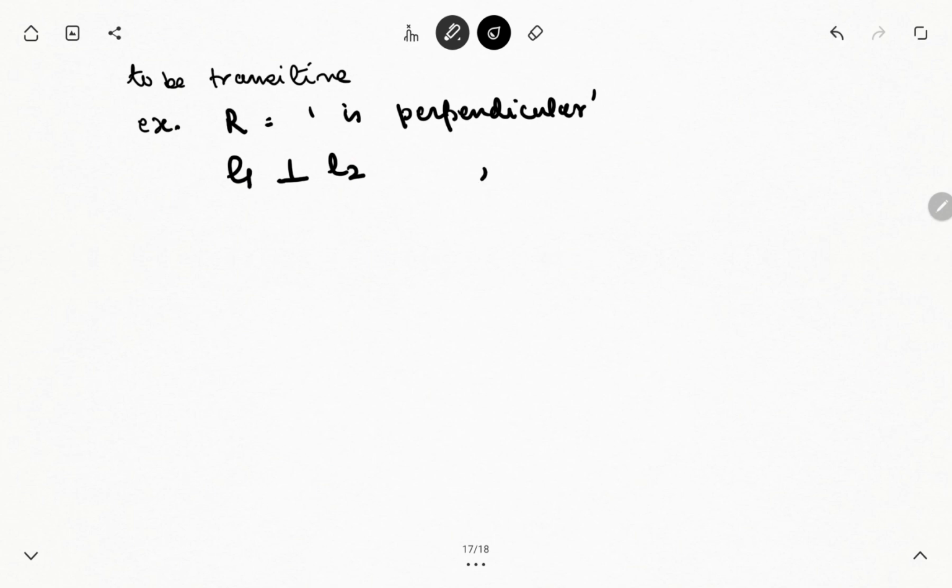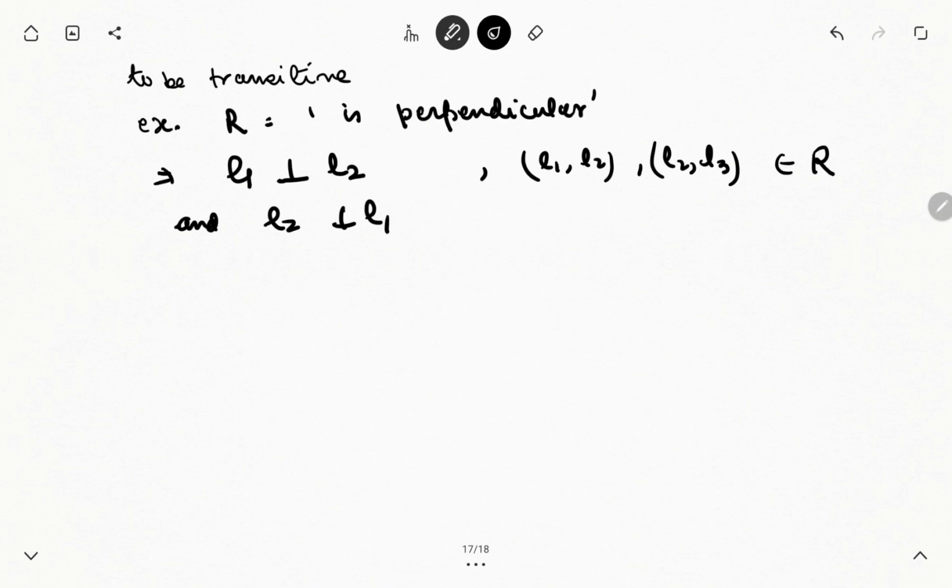We are taking (L1, L2), (L2, L3) belong to R. This implies L1 is perpendicular to L2 and L2 is perpendicular to L1. Symmetric, right? So is this relation transitive or not? Let's see. Now, I am going to draw a diagram for you.